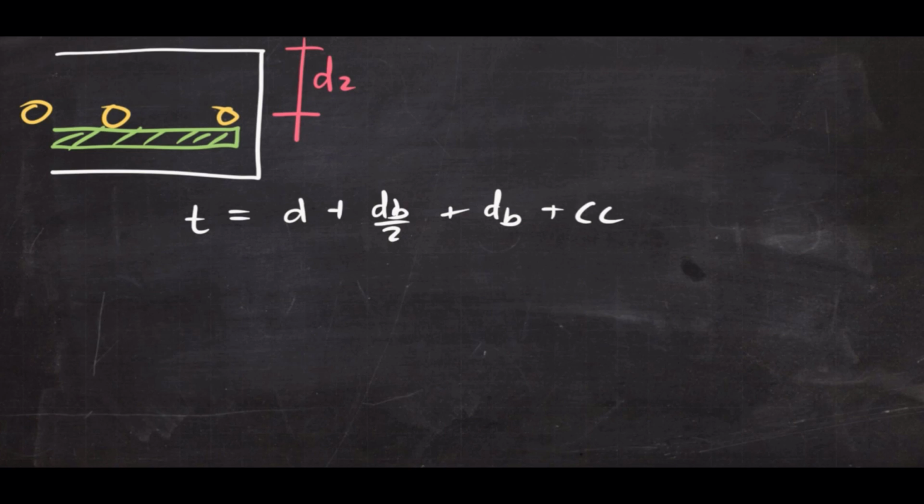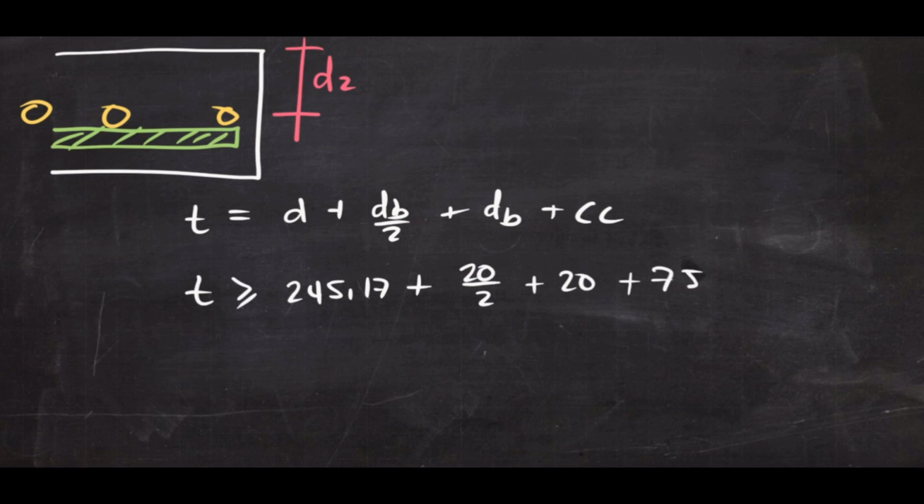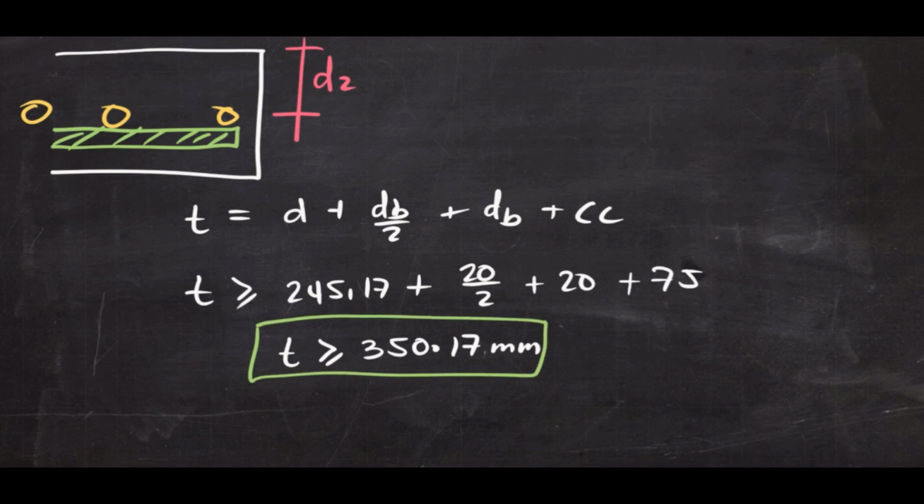The concrete cover is usually 75 mm. So thickness must be greater than 245.17 plus a bar diameter of 20 over 2 plus another bar diameter plus concrete cover of 75. So the thickness must be greater than or equal to 350.17 millimeters. So now we have a criteria on how to determine the correct thickness for the footing.